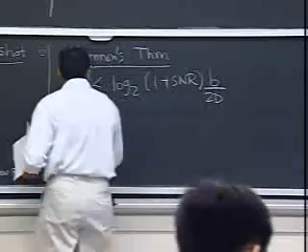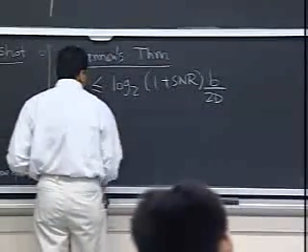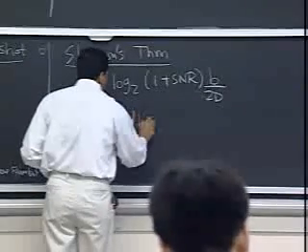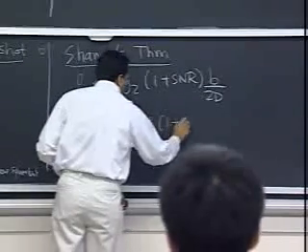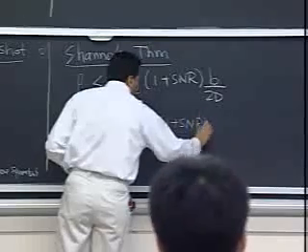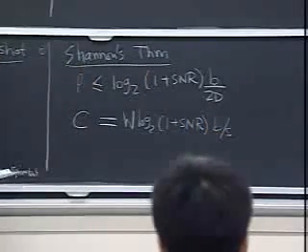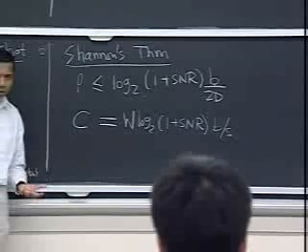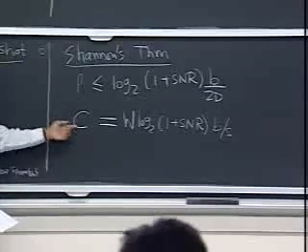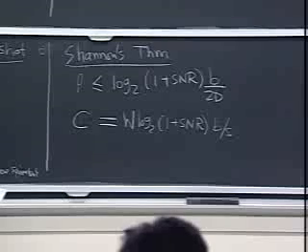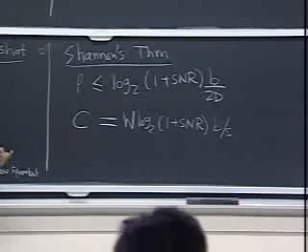Equivalently, the capacity of an AWGN channel is log to 1 plus SNR bits per second. So one important observation here is if I have a communication system and what I care about is the spectral efficiency or the capacity, there are only two terms that are important.